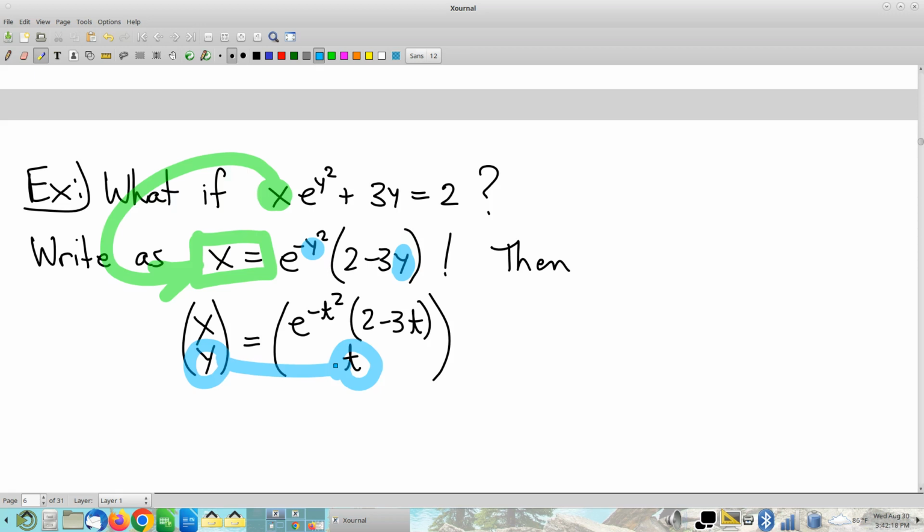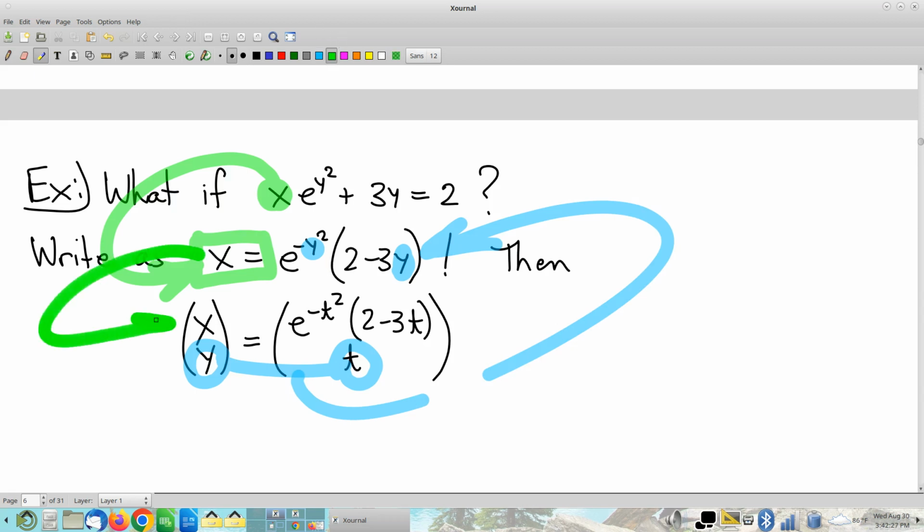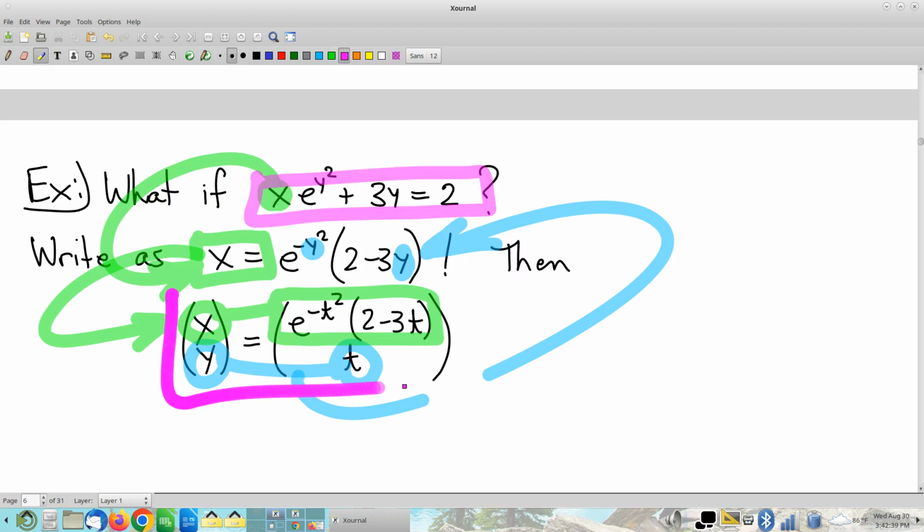So now it's y that gets set equal to t. And again, kind of game over, because if y is equal to t, then that forces x to be determined. And again, we win. This equation that we started with, we now have a parameterization of it because we've got position as a function of t. What do you think? Everybody good? Cool.